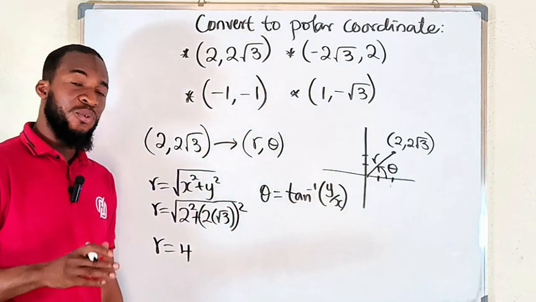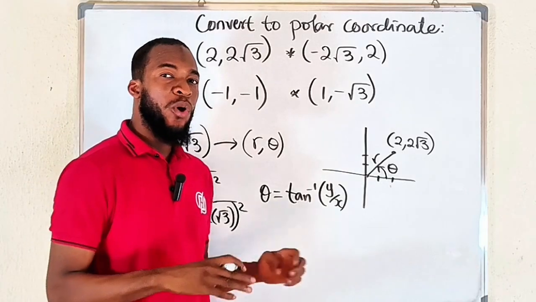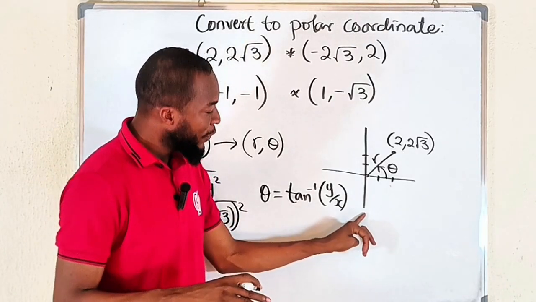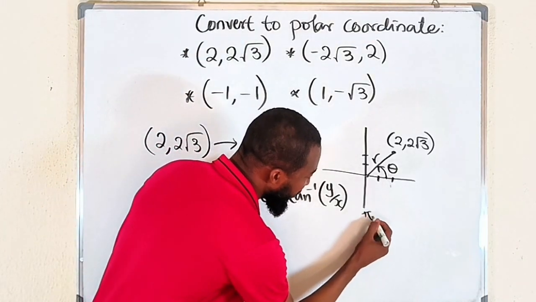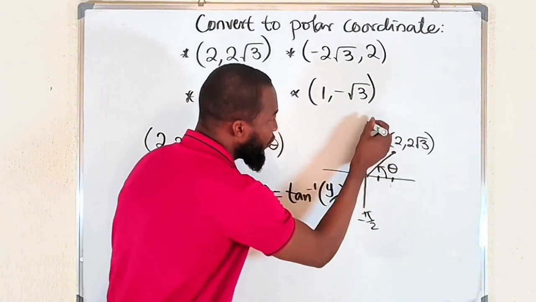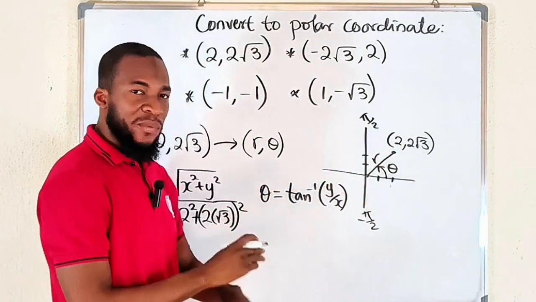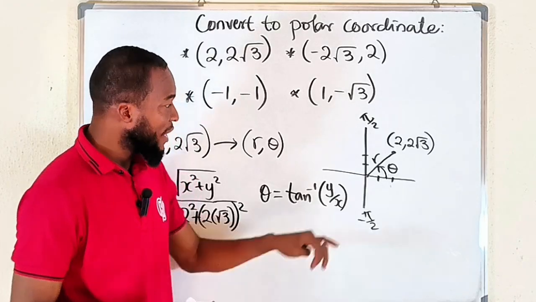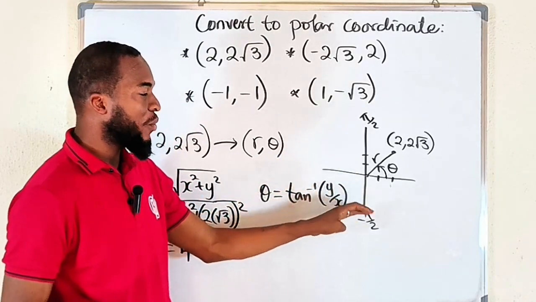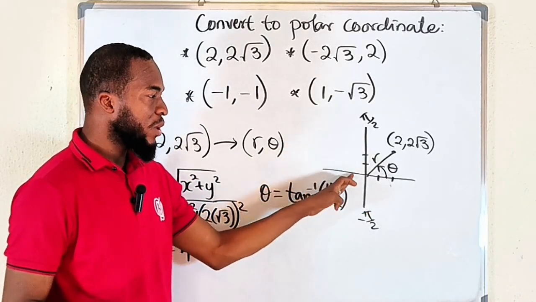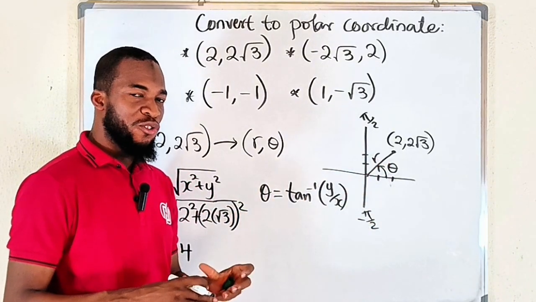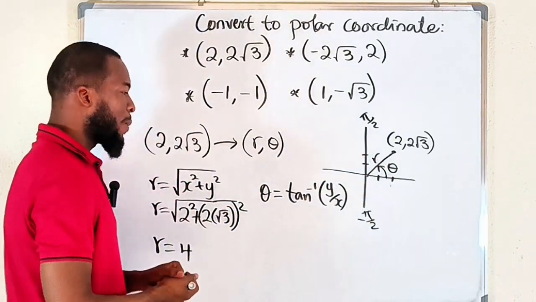The only thing you should know is that tan inverse will always return an angle from negative pi over 2 to positive pi over 2. Irrespective of wherever the angle is located, whether it is in the second or third quadrant, it will not return an angle here, rather here. So I'm going to show you how you can bypass that as well.